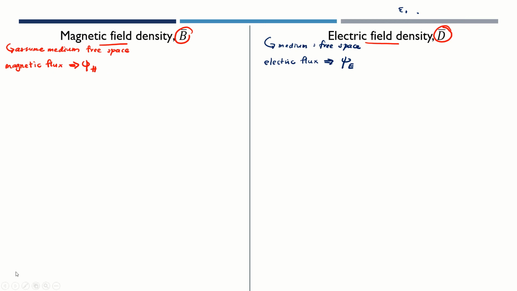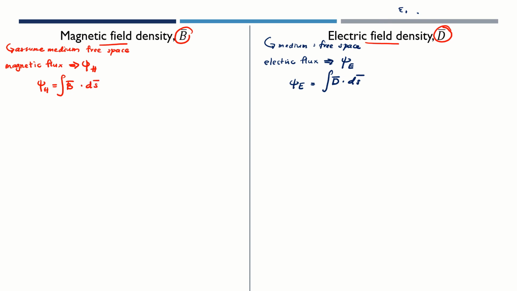And what is the formula for the electrostatic field? If you still remember, it is psi equals the integration of D dot ds. And for magnetic field, the formula is also the same. Phi equals, now instead of D, we will represent it as B, B dot ds.